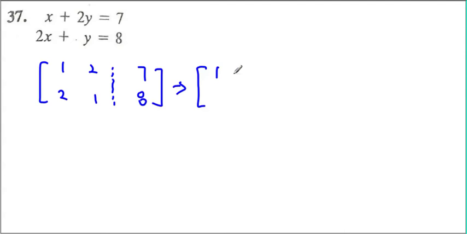Then we get 1, 2, 7. Multiplying by negative 2, this becomes 0. Negative 4 adding 1, we get negative 3. Multiplying 7 by negative 2 gives negative 14, adding on to 8, we'll get negative 6.